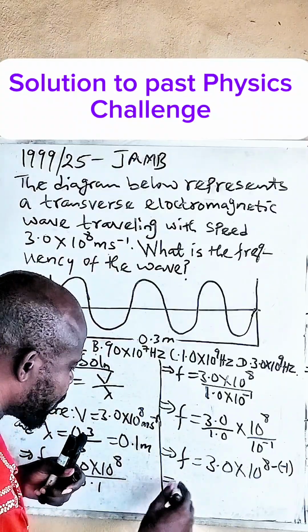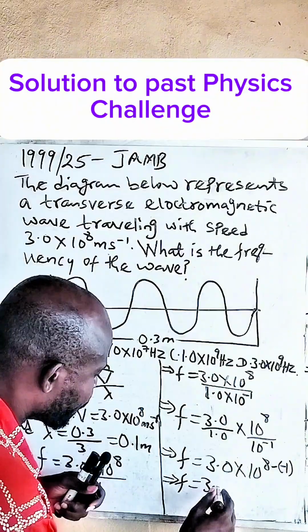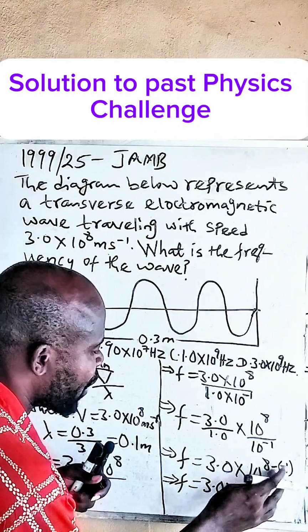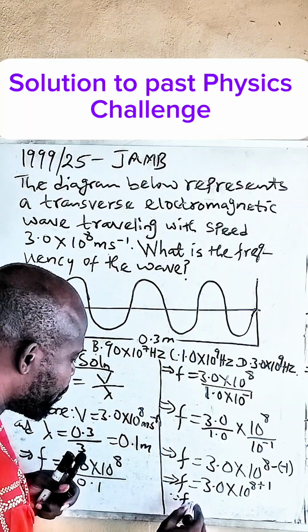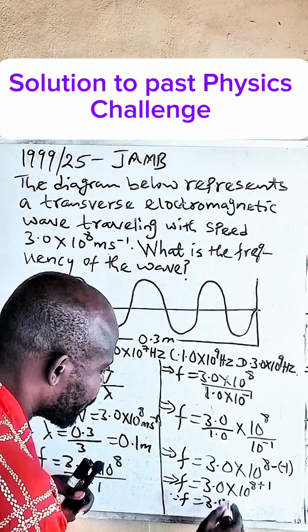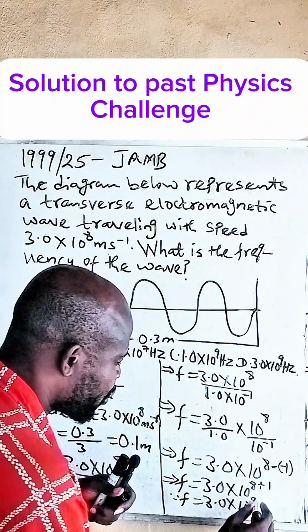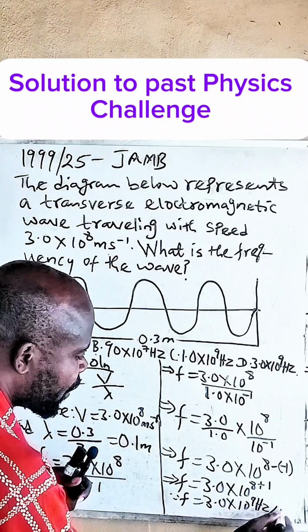So that our frequency at this point will be equal to 3.0 times 10 raised to power 8 plus 1, because minus times minus is plus. So that the final answer will be that frequency is 3.0 times 10 raised to power 9. Frequency is measured in hertz. So we have hertz here as the final answer.